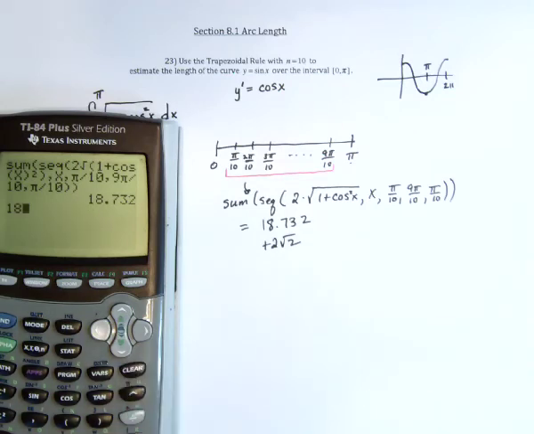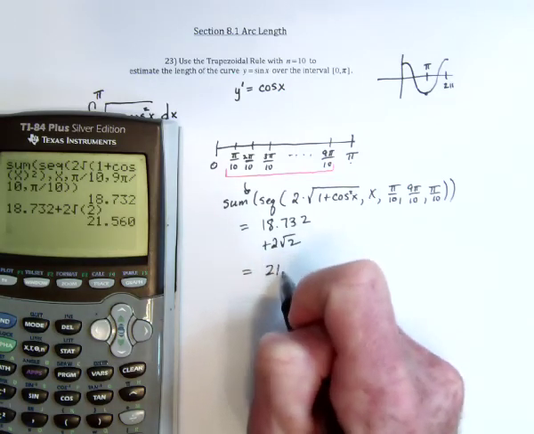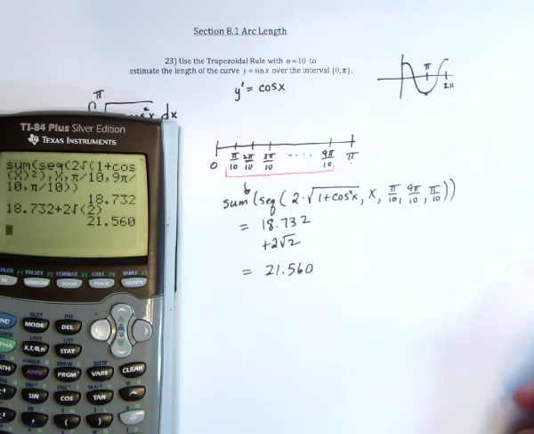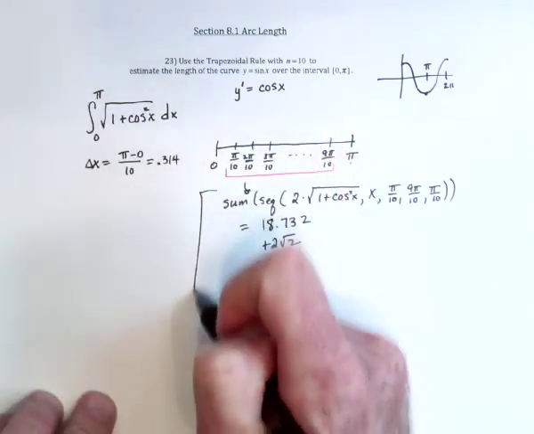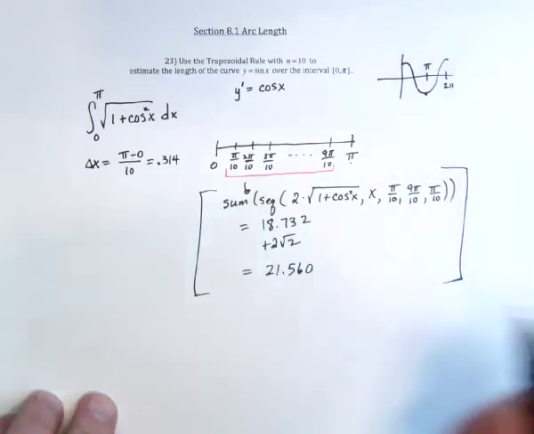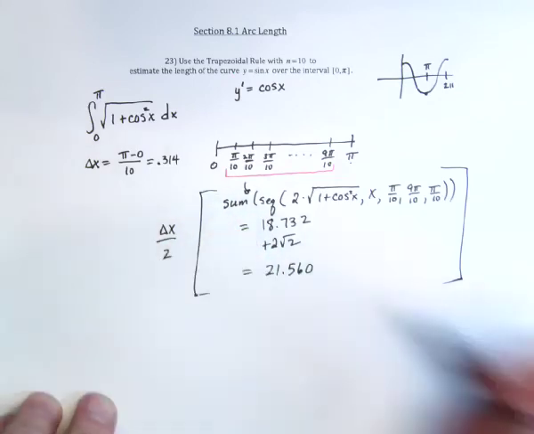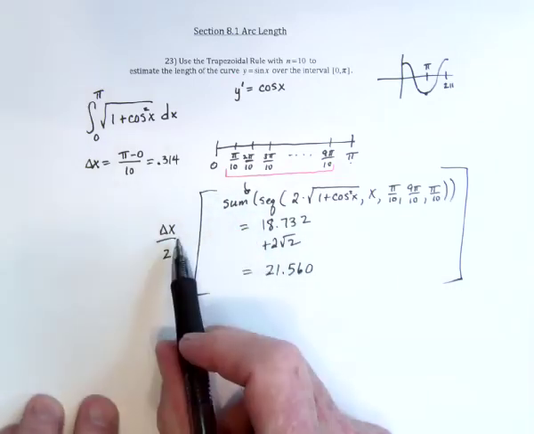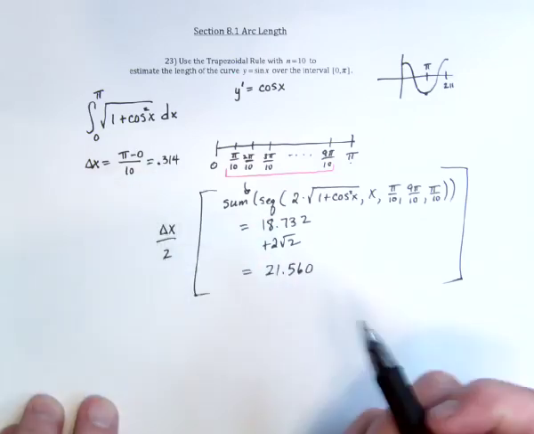So take the 18.732 and add in 2 square roots of 2. And now the total is up to 21.560. The only thing that's missing is at the very beginning of all of this, we're supposed to have delta x divided by 2. So we need the delta x, which is pi over 10, divided by 2, which actually means pi over 20.